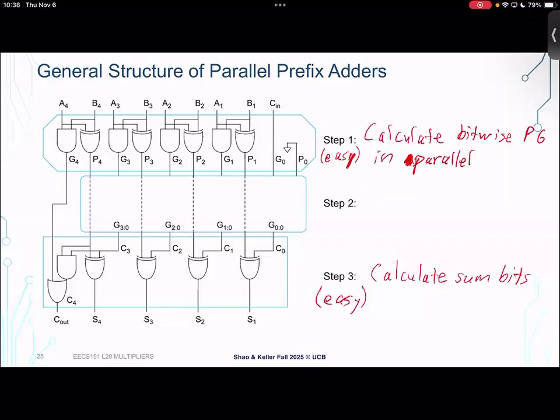So we have this kind of missing step 2, which is the complicated part, and which is where we're going to spend the rest of the time talking about. What we need to do in step 2 is calculate what are called group generate signals.